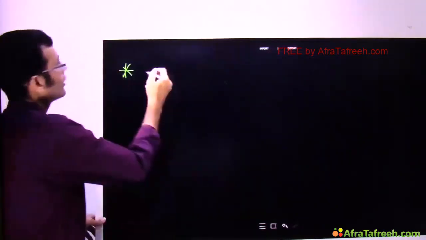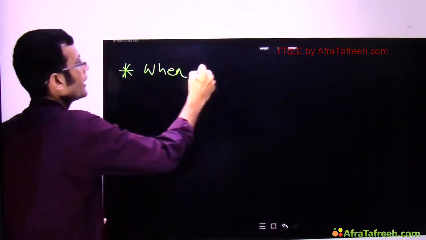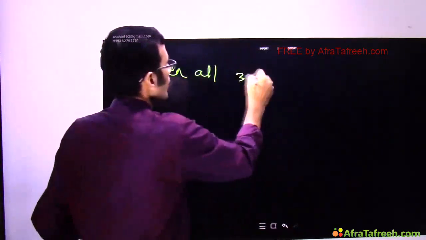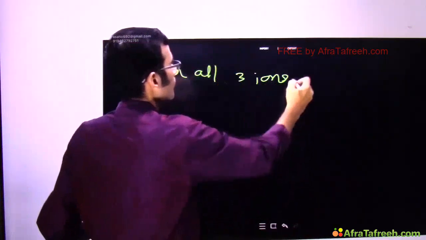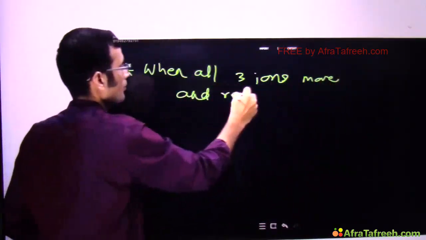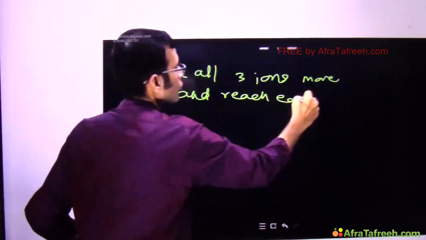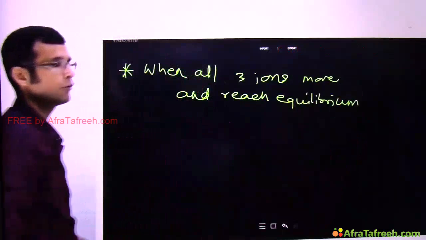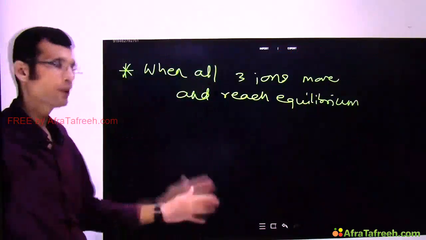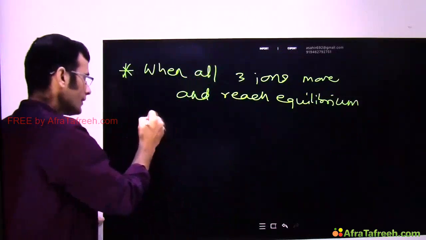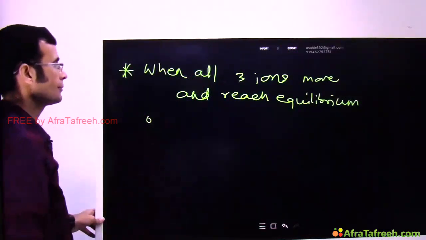and therefore our next statement should be: when all three ions, sodium, potassium, chloride, move and reach equilibrium, how do you calculate the charge on the membrane? By the movement of all three ions together. Now, for this we use another equation.